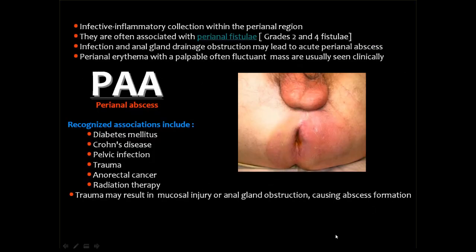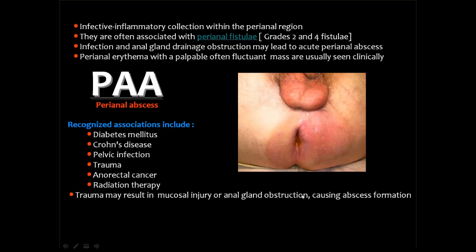Then you find that many of the fistula tracts may have variable sized abscesses, small or large. And I thought that this is a good time to talk about perianal abscesses.